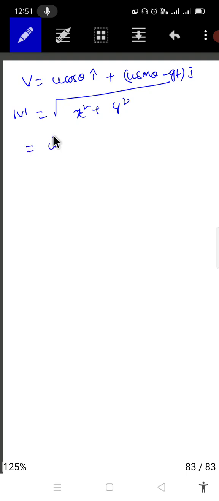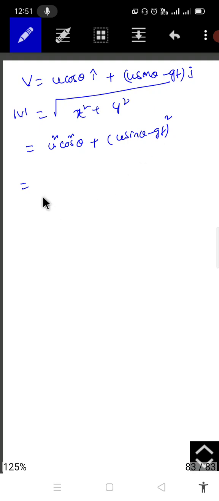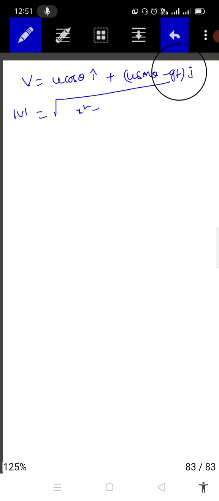Now u square cos square theta plus, this is a minus b whole square. But the given t value we already calculated. This t value is going to be substituted in this equation. Before expanding, we are going to substitute it first.